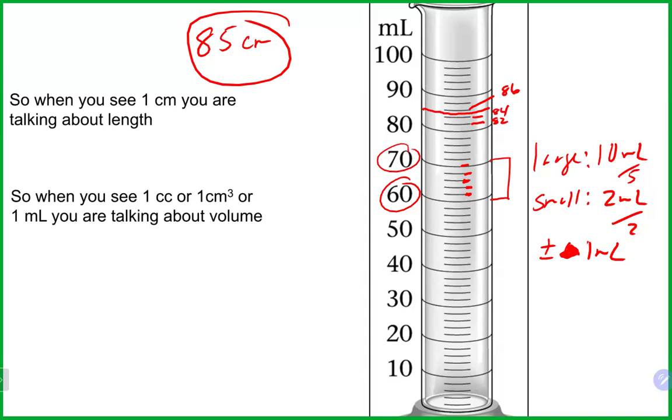So 85, our significant figures in this case, would be two significant figures. The uncertain number would be the 5. Any questions on that there?